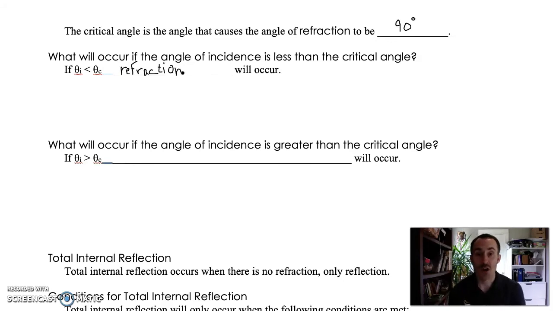But refraction is also occurring during that transmission. Now, if the angle of incidence is greater than the critical angle, then we get that total internal reflection I talked about, where the light doesn't transmit at all. It doesn't go into the new medium. It only reflects back into the original one. So this is total internal reflection.